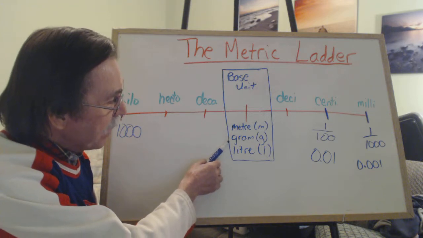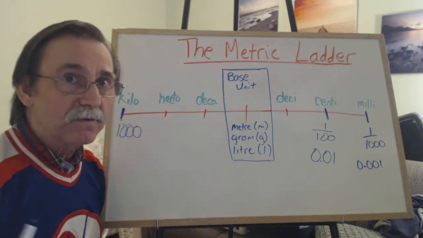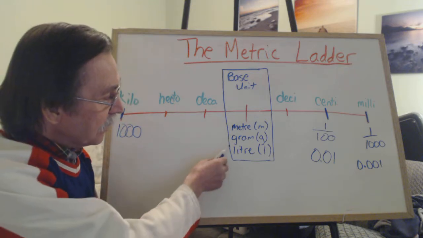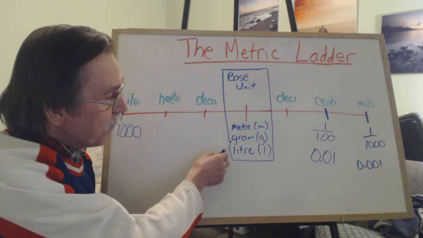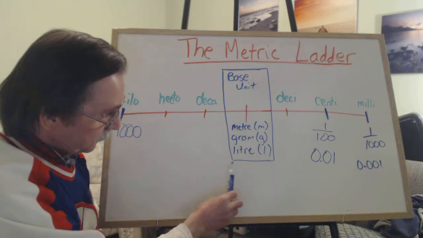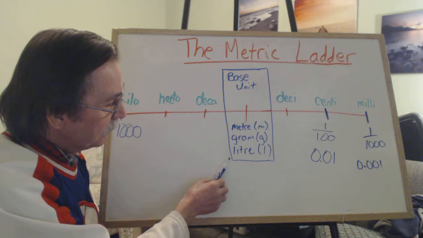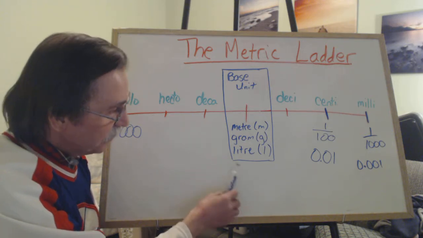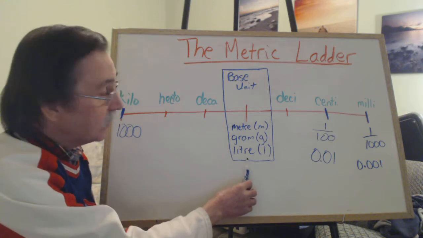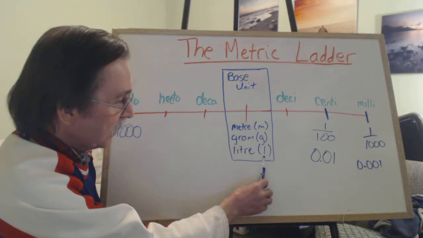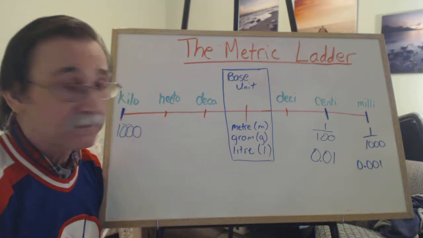The measure for mass, now we'll loosely call this weight, but it's really mass, is gram, and the symbol for gram is little g. And then for volume, the unit that we use for volume is the liter, and that is an L, not a 1, it's an L. Okay, so you've got to look at the context.